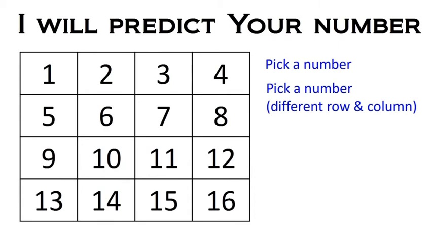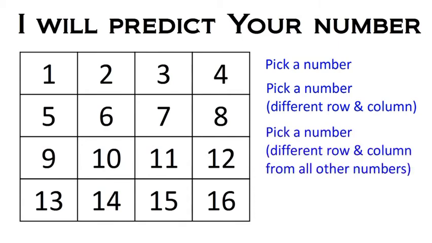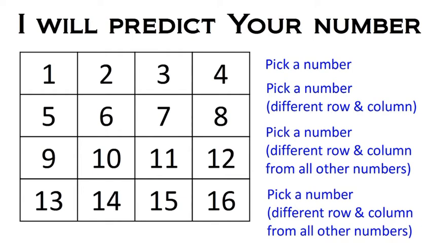Then pick a third number that's in different row and in different column from all other numbers. Now you have to pick a fourth number that is also in different row and different column from the previous three numbers you picked.